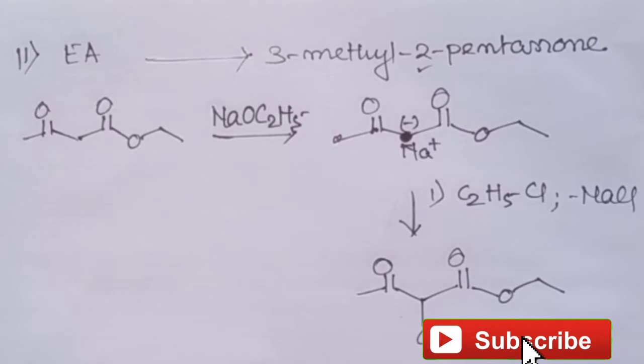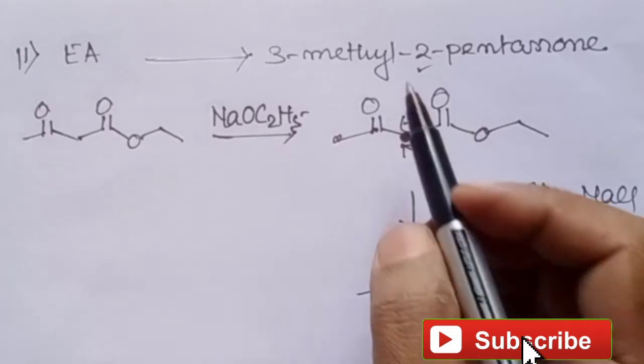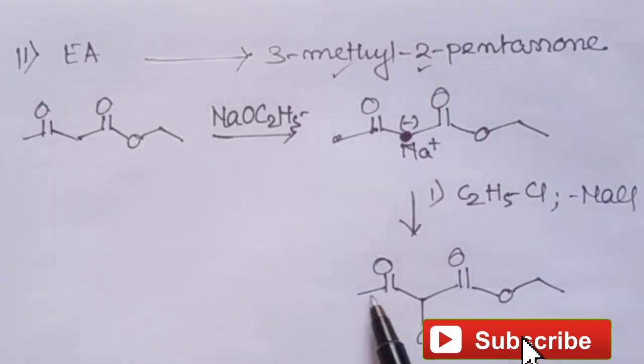In the formed compound, since it is 3-methyl, I need 1, 2, 3. Here I have to add one methyl group again. Now I can remove it. If I remove the ester, 1, 2, 3, 4, 5, so pentan-2-one can already be done.